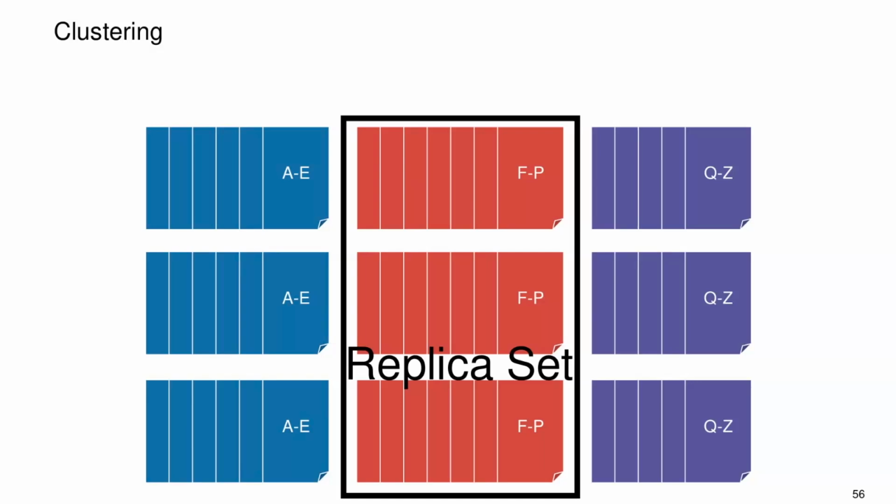For example, A to E is the first partition, F to P the second one, Q to Z the third one. Right? That's how MongoDB does it. So it's more explicit than in Spark, right? When Spark partitions, it just does its own thing in the background and you don't really know how. MongoDB does it more explicitly. In MongoDB, you actually know how it's partitioning.